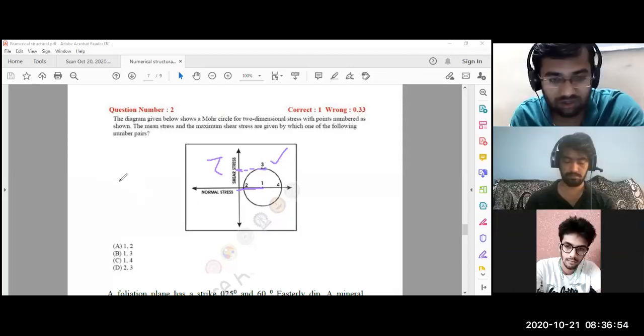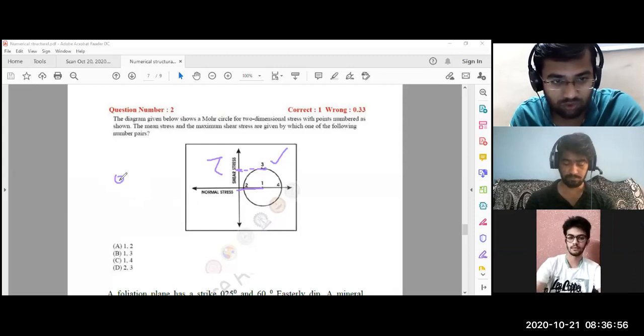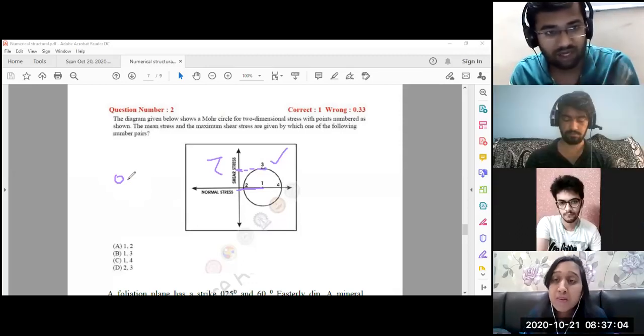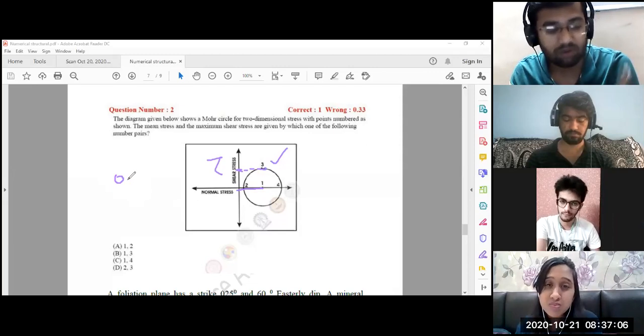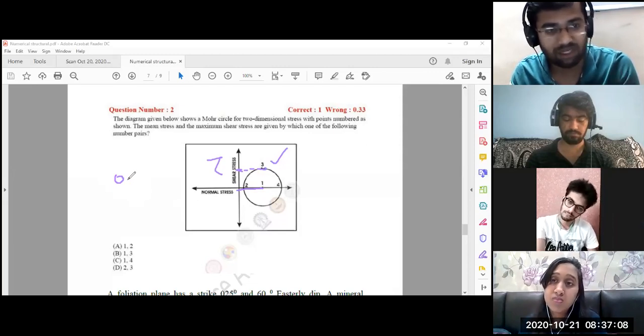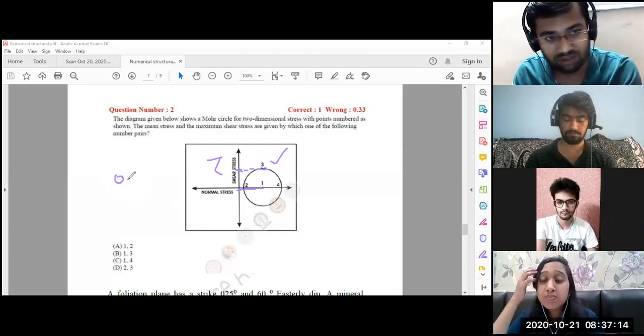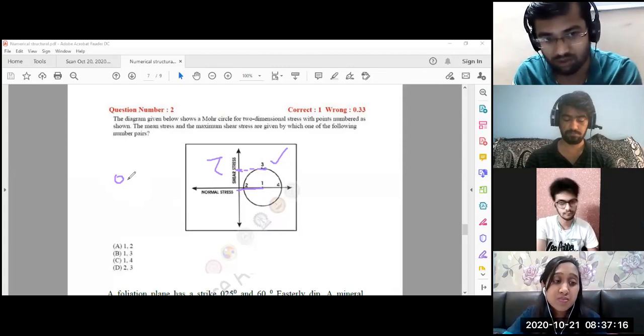See, what is the shear stress for point 2? 0. Understood? It is 0. What is the value of y if your point is lying on the x-axis? 0. If your point is lying on the y-axis, it means your value of x is 0. Do you know this much? Yes, sir.